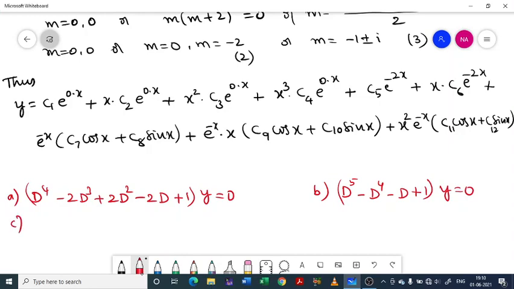Don't be afraid of this, actually it is easy. Problem C, d cube y by dx cube plus 6 into d square y by dx square plus 11 into dy by dx plus 6y equal to 0. So try to solve these three. Let us discuss non-homogeneous equations in our next class.